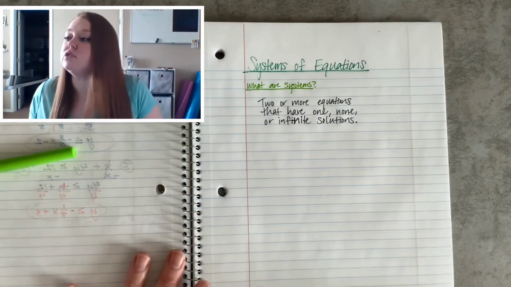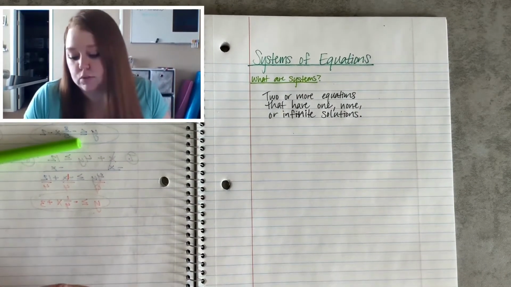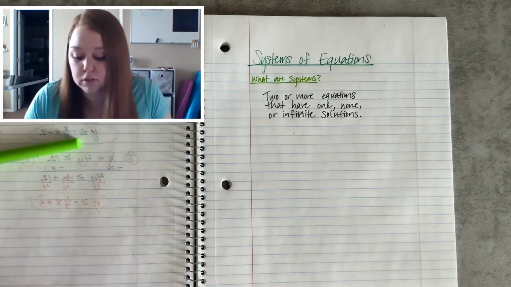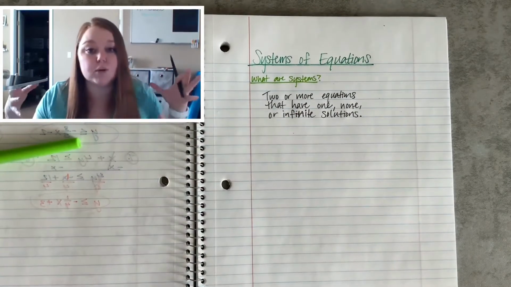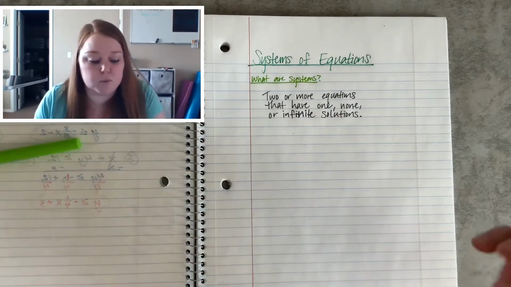Two or more equations that have one solution, no solutions, or infinitely many solutions. Okay, so a system, they kind of work together. They're part of a family, part of a team, however you want to think of it.